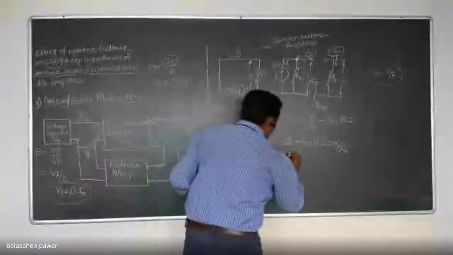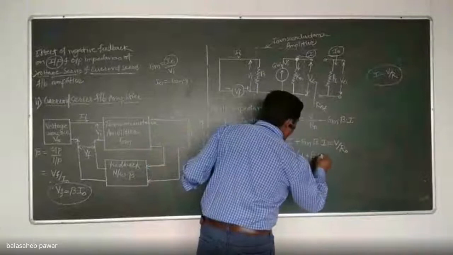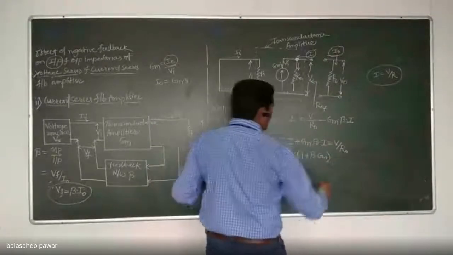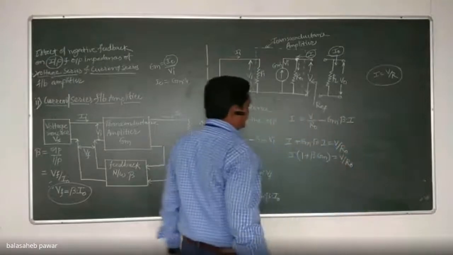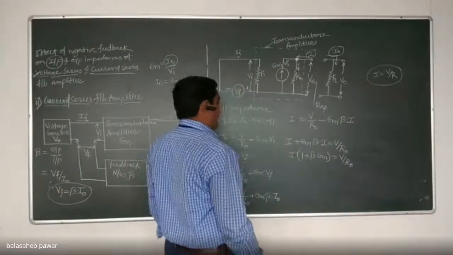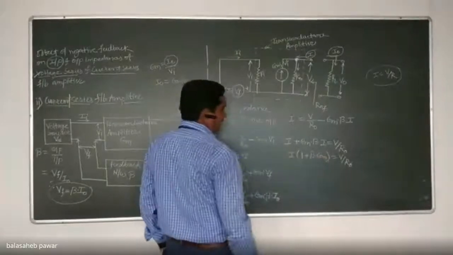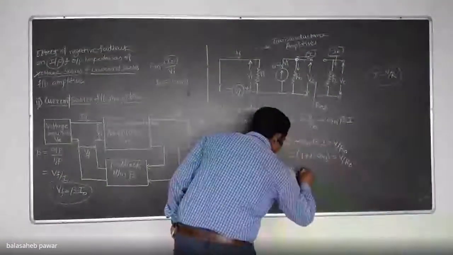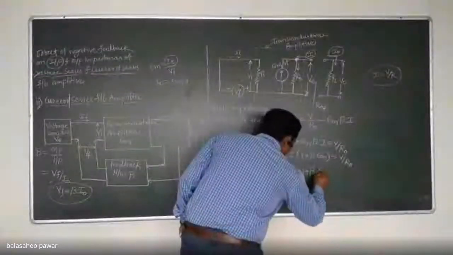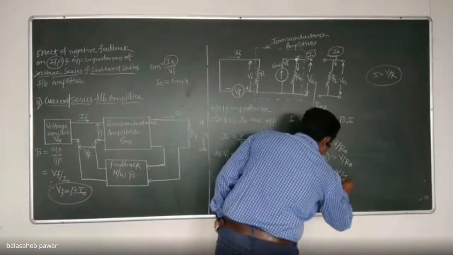Now take that I common. So I in bracket 1 plus beta GM equals V by RO. Right? Now just interchange that RO towards the LHS and I towards the RHS. Therefore, we can write RO in bracket 1 plus beta GM equals V by I. Correct.